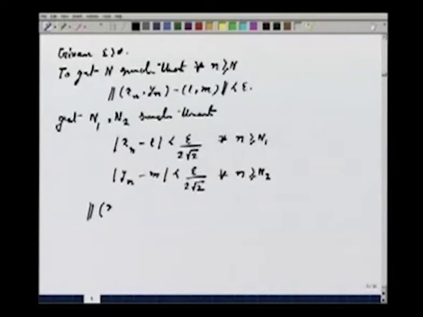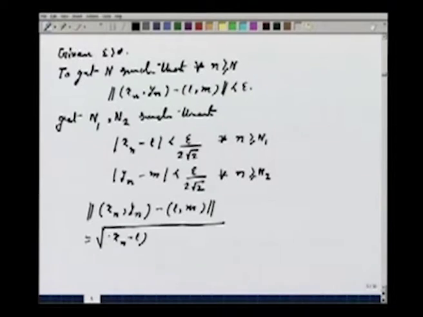xn converges to L. Now I look at the norm of (xn, yn) minus (L, M). I have the definition of this, so it is the square root of (xn minus L) whole square plus (yn minus M) whole square.